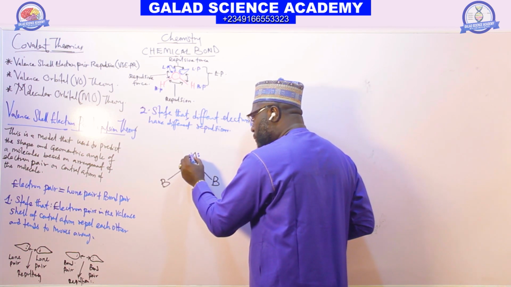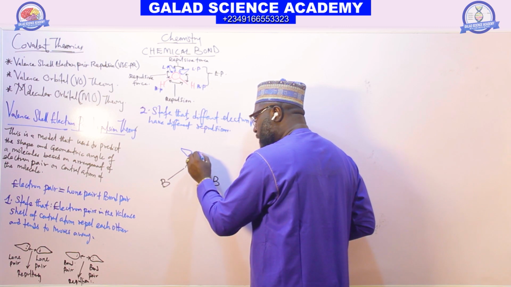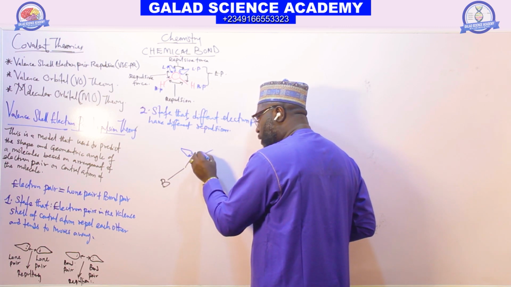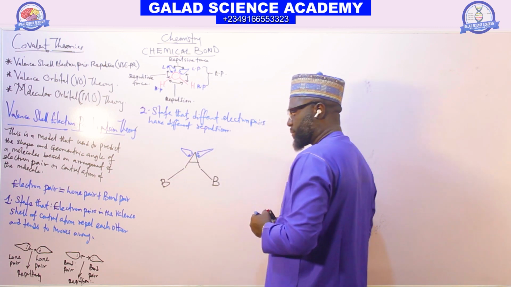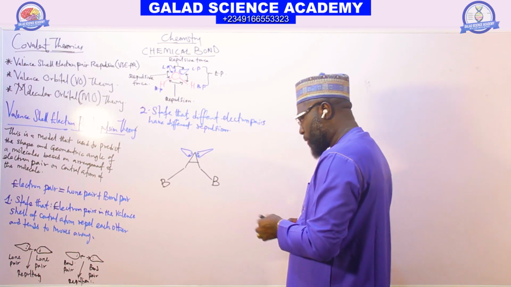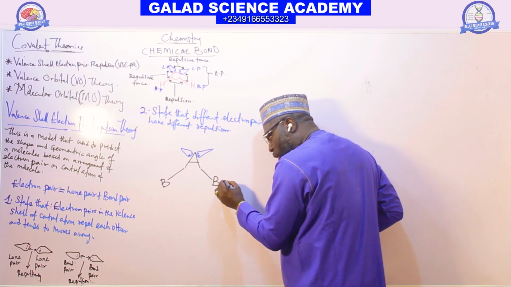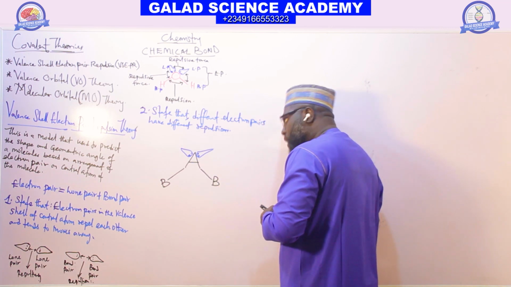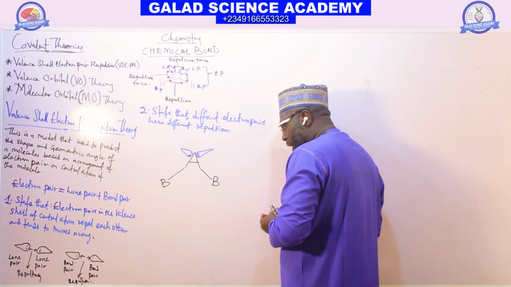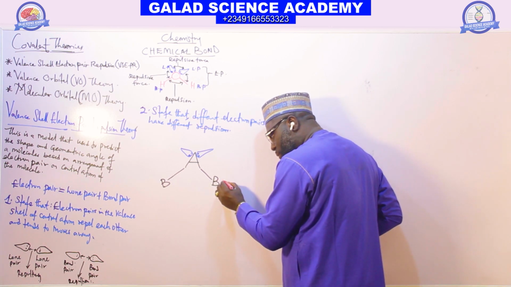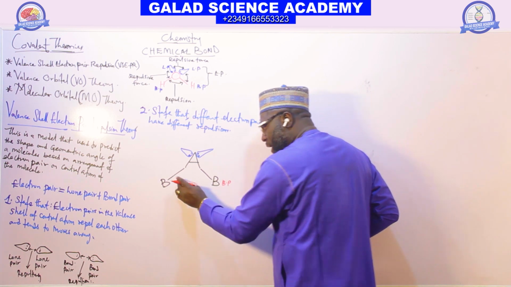So the first lone pair is this, and this is the second lone pair. These bonds to B we call bond pairs, because of the bond.